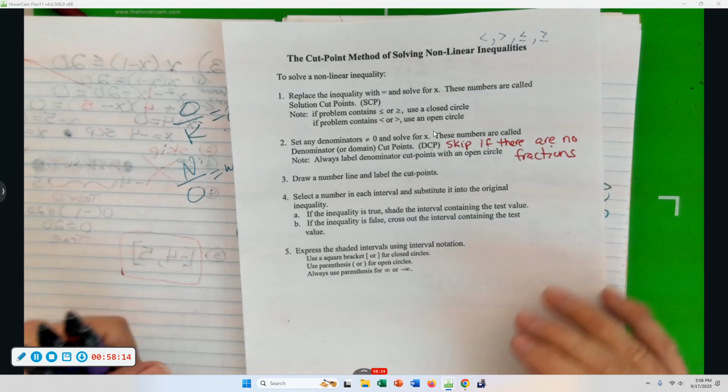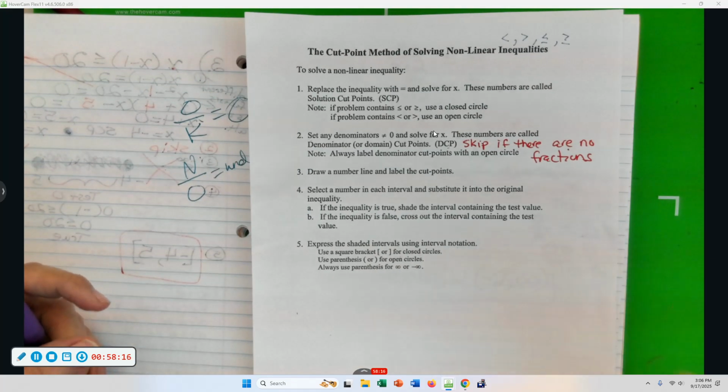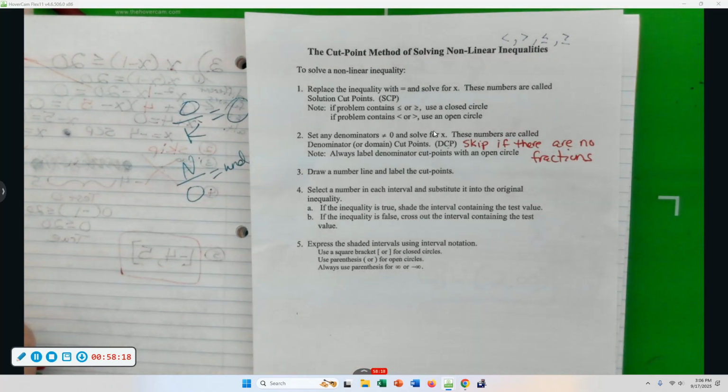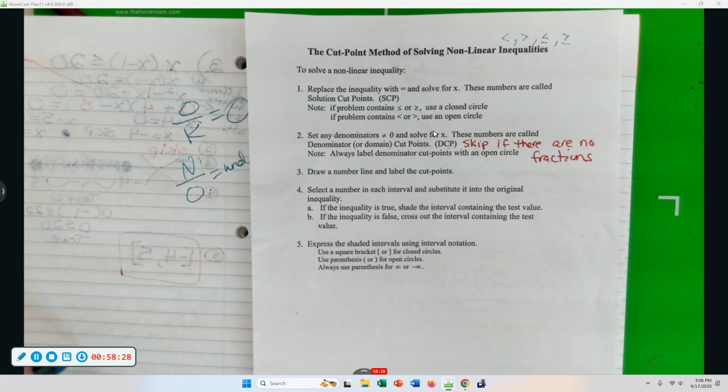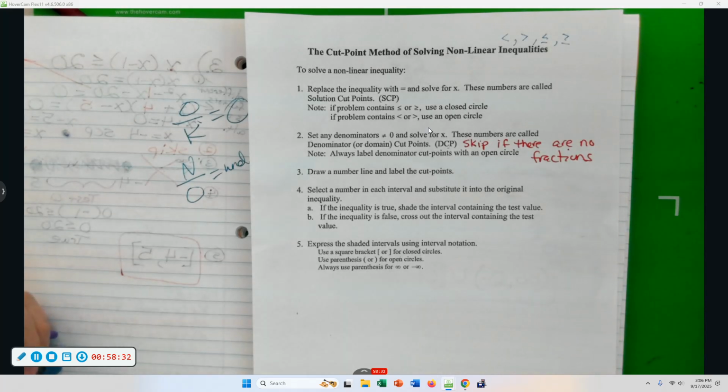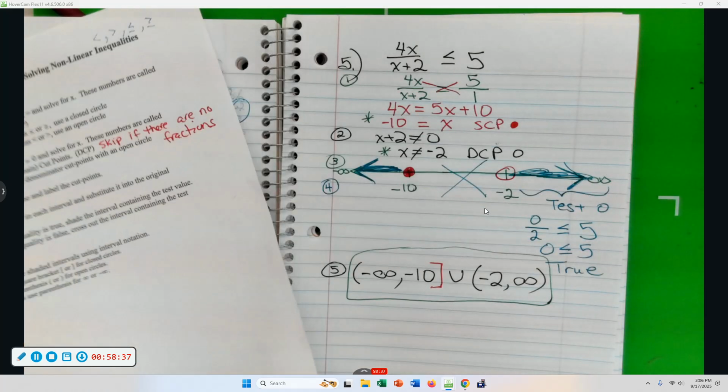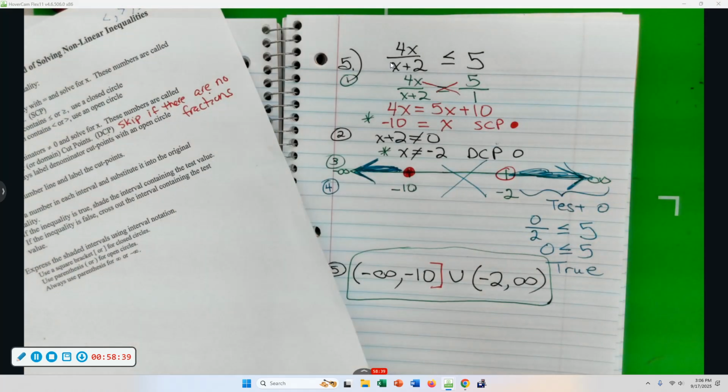I had a coworker years ago telling me, wow, that cut point method, I love it. I don't know why it works, but it works. And Dr. Hoyt, I remember Dr. Hoyt. He didn't know why it worked, but it worked. I'm like, oh gosh. Just think about why it works. Every number, if you're thinking about real numbers, it's either going to be equal or undefined.